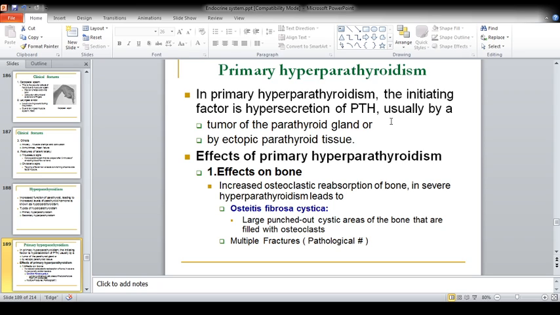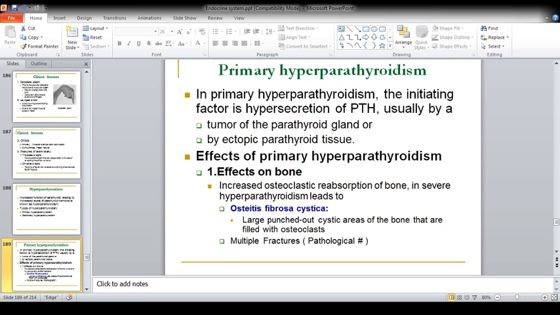This would cause increased secretion of parathyroid hormone from the parathyroid gland, which is usually due to a tumor of the parathyroid or ectopic parathyroid tissue, that is tissues which have the same function and structure as that of the parathyroid gland but are present in some other structure. This is true in case of lung carcinomas. In lung carcinomas, there is parathyroid related tissue generated in the carcinoma, and that would increase the parathyroid hormone in the circulation.